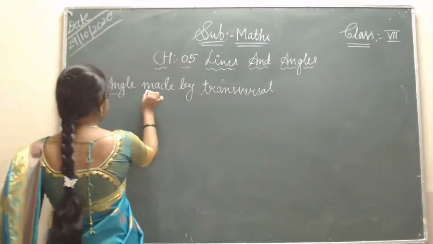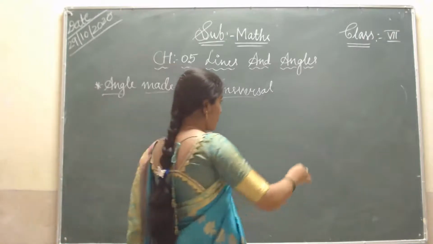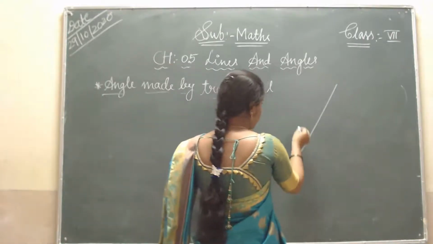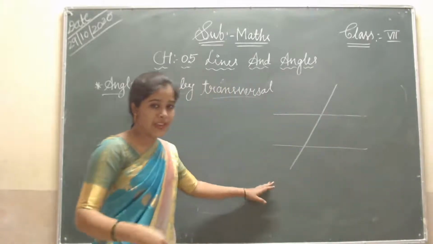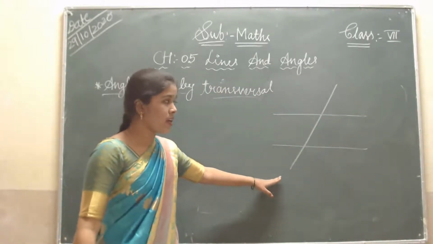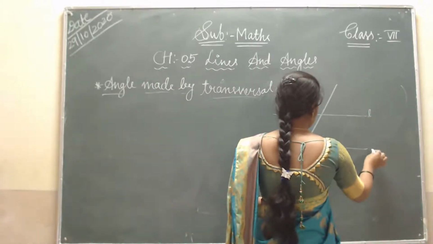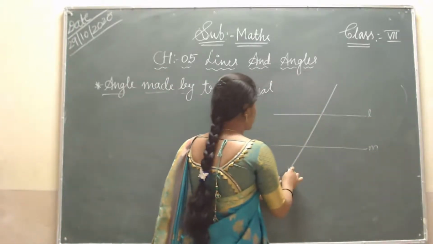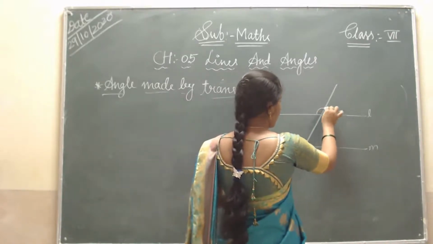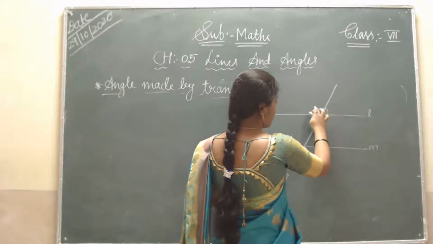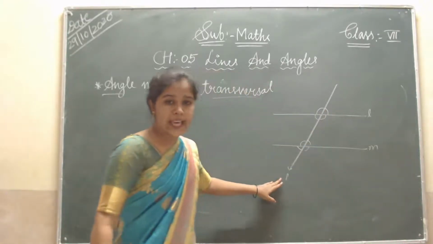See here, in this, we'll draw a diagram. This is a transversal line. I already explained just now what a transversal line is. So the lines are L and M, and this line is P. P is crossing these lines. So here, how many angles do they form? 1, 2, 3, 4, 5, 6, 7, 8. There are 8 angles in this.